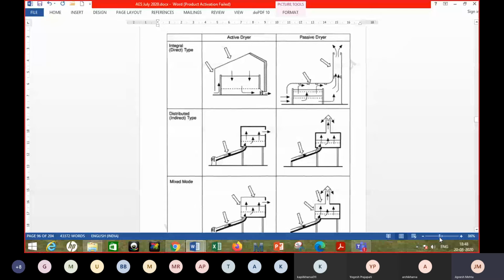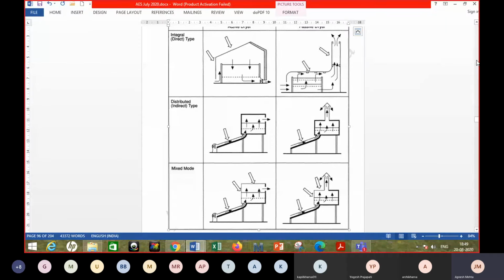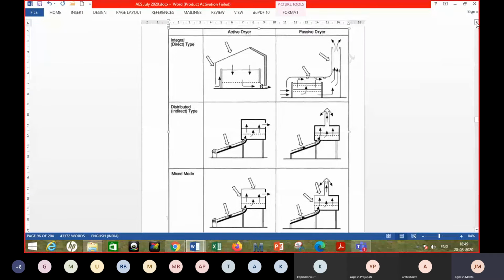And when you are not using a fan, you still need some mechanism to allow the air to flow, because fresh air has to come in, has to get heated, and then once it picks up moisture from the product, it has to go out. The moist air has to go out.